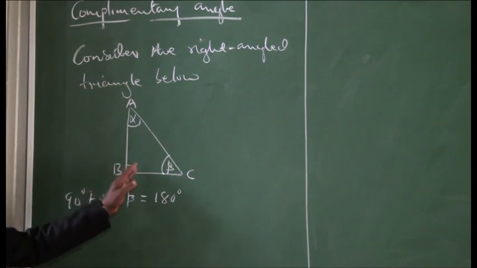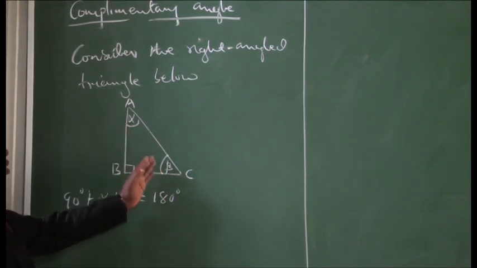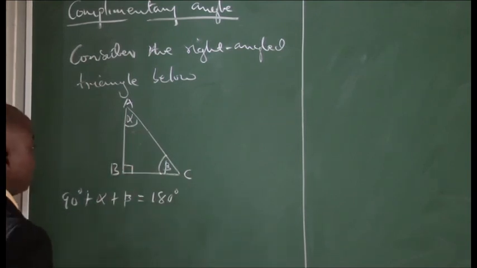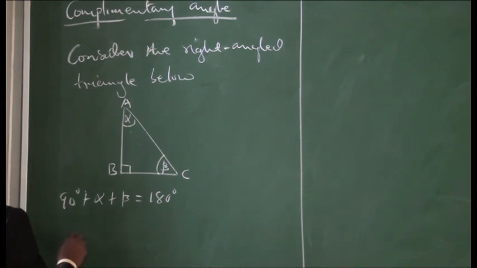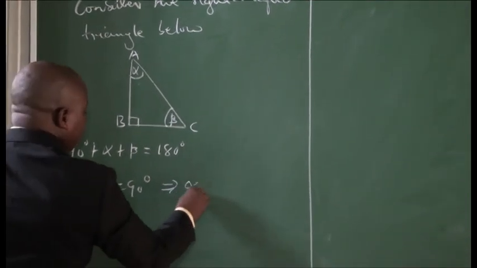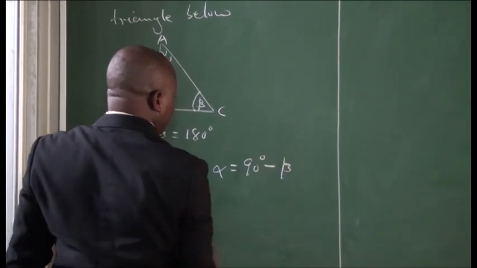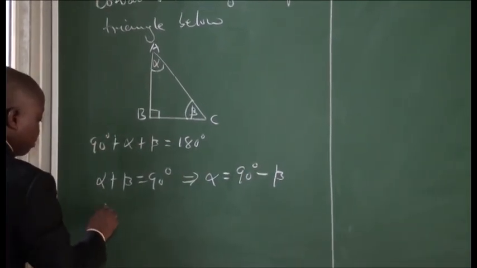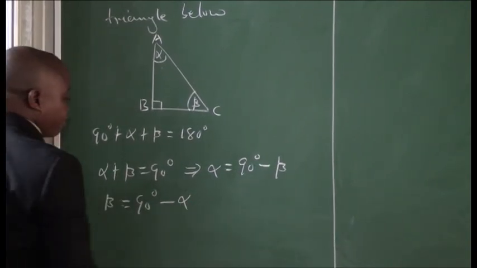Now, since there is 90 here, alpha and beta are called complementary angles because they add up to 90 degrees. That is, alpha plus beta equals 90 degrees. That implies that alpha will be equal to 90 degrees minus beta. Then beta will also be equal to 90 degrees minus alpha.